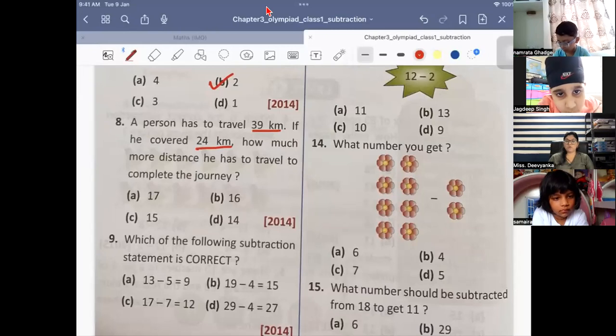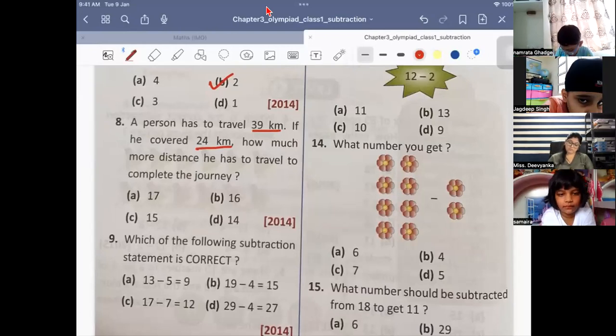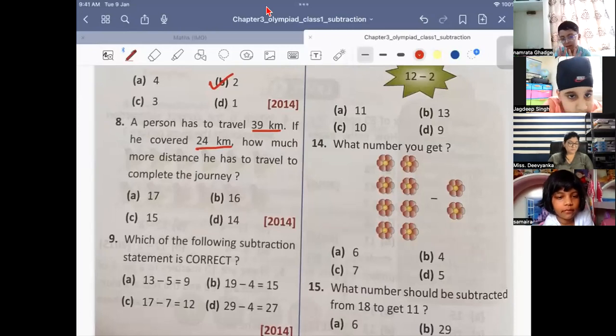You can do it in the notebook. 15. 15. What about others?